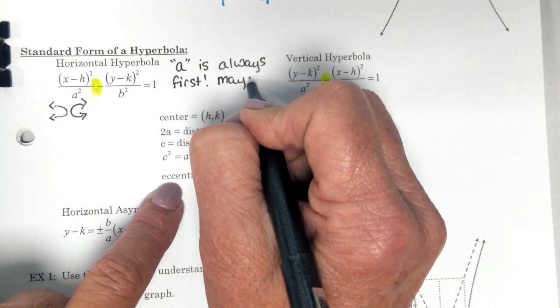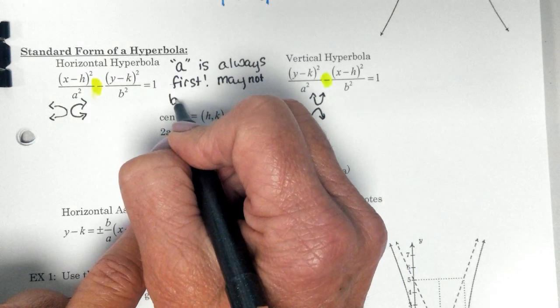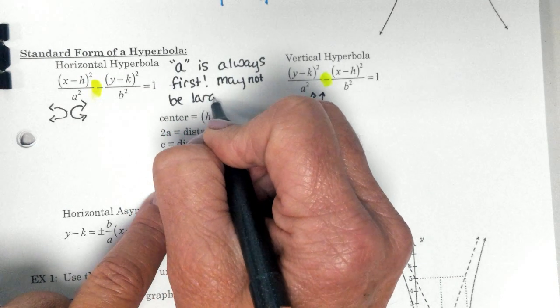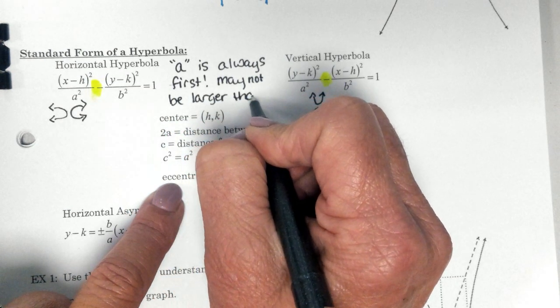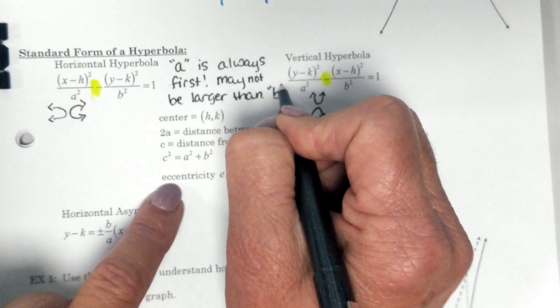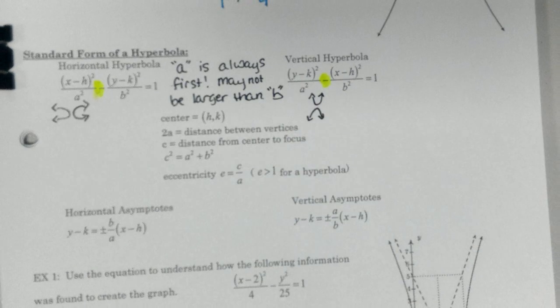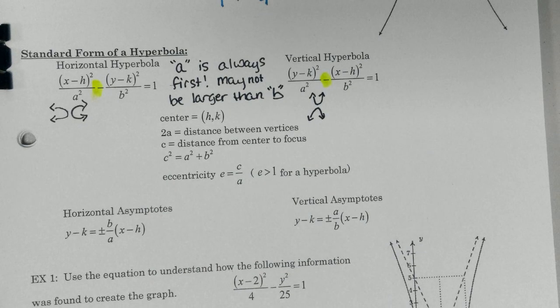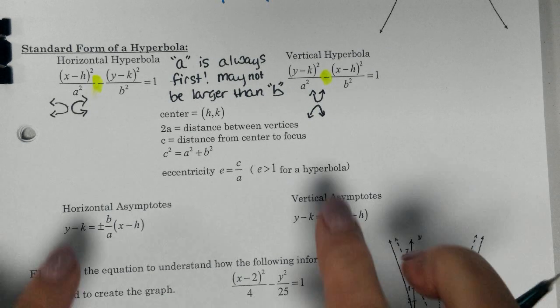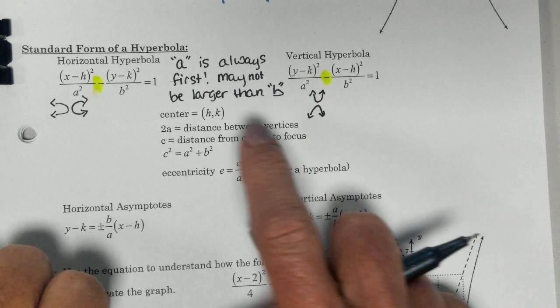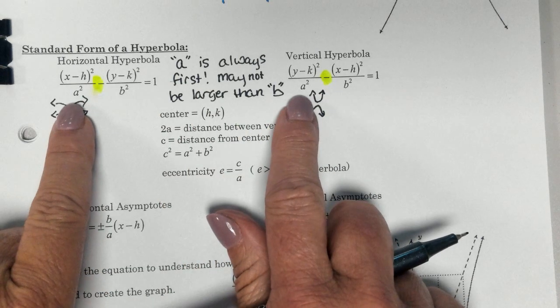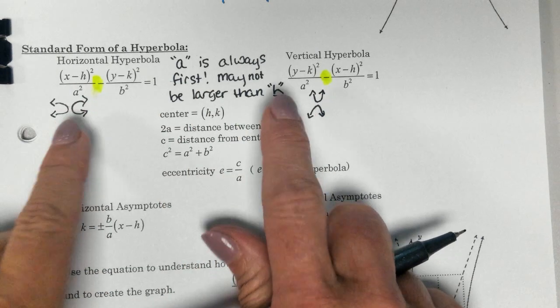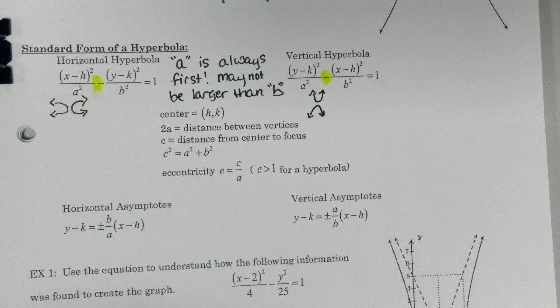It may not be larger than B. So in an ellipse, A is always the largest, not in a hyperbola. So that's another subtle difference. You've got subtraction here, and A is always going to be located first. That's always going to depict the axis in which we're working on.